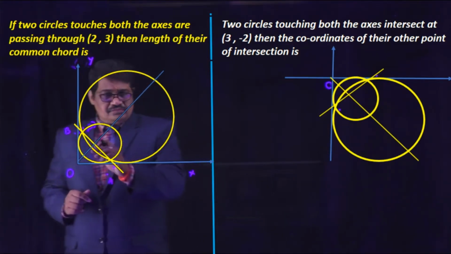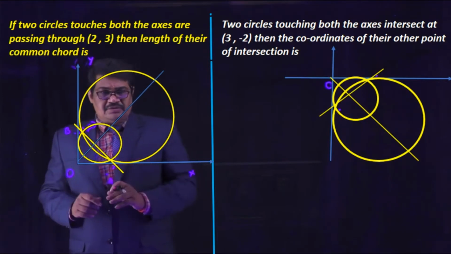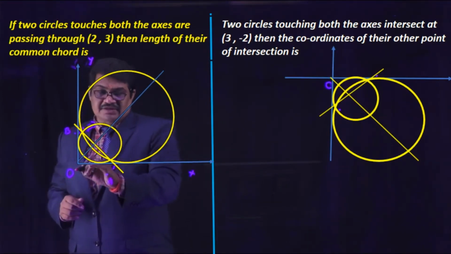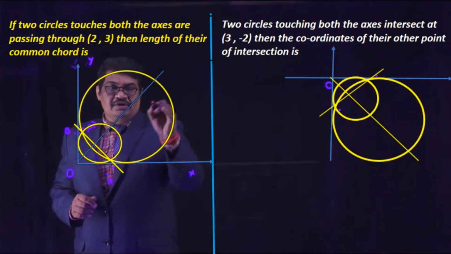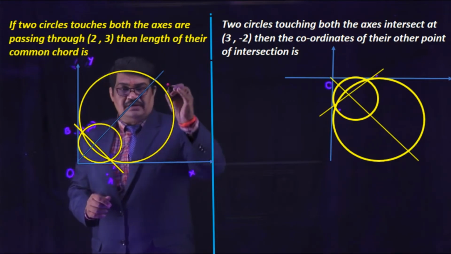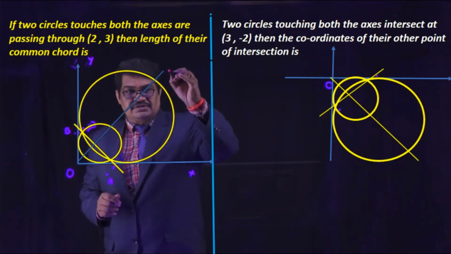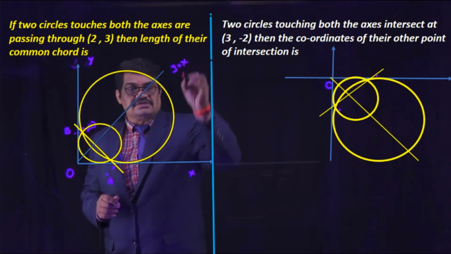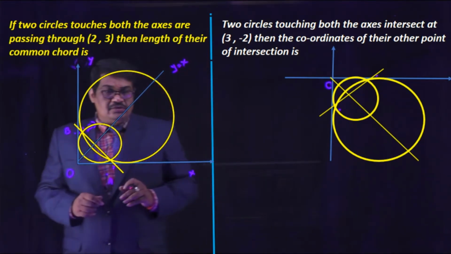Here these two circles touch both the coordinate axes, so the centers lie on the bisector of the coordinate axes. The equation of this bisector line is y = x.